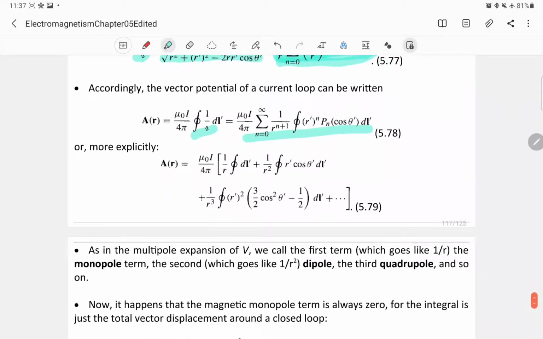More explicitly, you have this one, and this one is of course for different geometry. This one is for a monopole term, and the second one is for the dipole, and then this one is for the quadrupole, and so on, if you continue with the series.